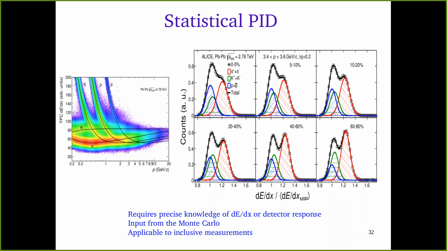Sir, can you please help me with where I can get this information, like for kaons or pions in pT? It's experiment specific. You are in STAR, right? For ALICE we have this information. They have Monte Carlo information tuned to data.